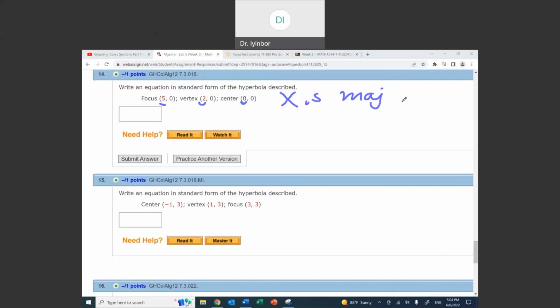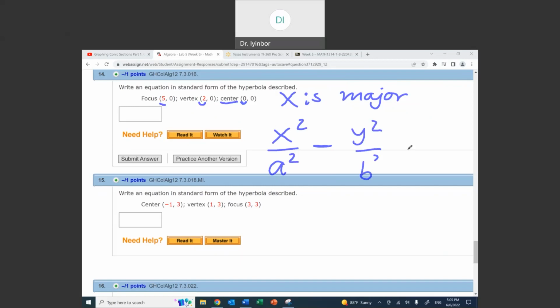So if x is the major axis, we're going to pick the equation for major axis x and center 0, 0. If you look at your formula sheet, this is the equation. Or let me write it. x squared over a squared, always the major goes with a, minus y squared over b squared, b is the minor, equals 1.